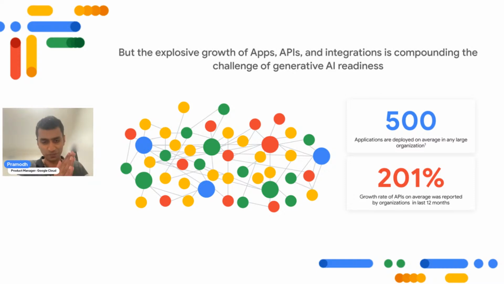Just to summarize before I transition into the next section, we all know what the power of Gen AI holds, and we also see that there is a gap between that and what is needed to make it a reality, and how APIs and integration will help you make those four steps we just talked about.